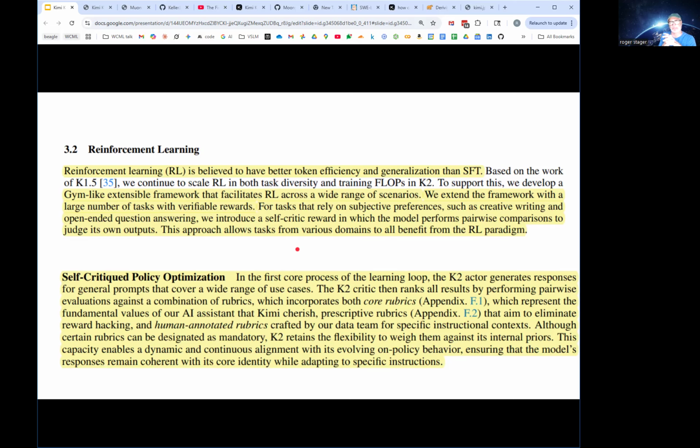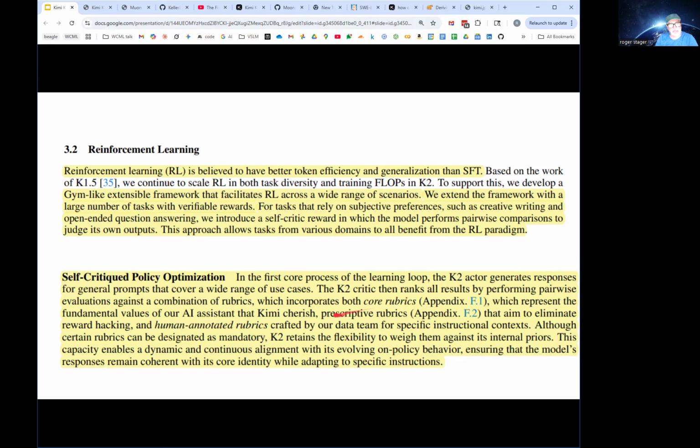My only intuition can be that judging, being a critic, is easier than being the generator. And so the model doesn't have to be as good to critique something from a better model. And that combination allows the model to continue to improve.